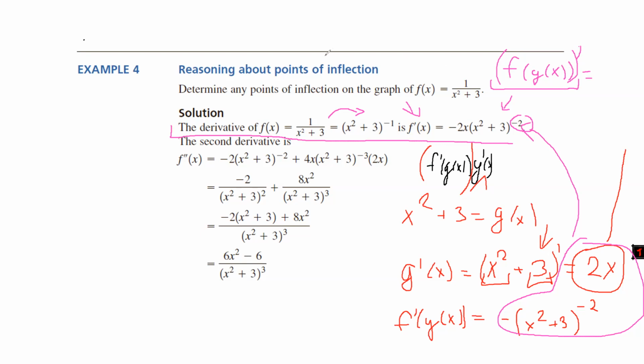No, I'm a little bit lost. The chain rule that we studied in the derivative unit. I remember the general idea. So that's why the derivative of f of g of x is f prime of g of x times g prime of x. Oh, okay. That makes more sense.